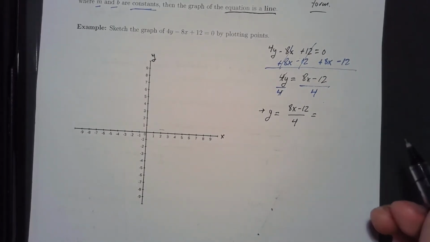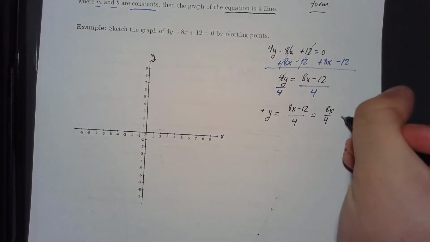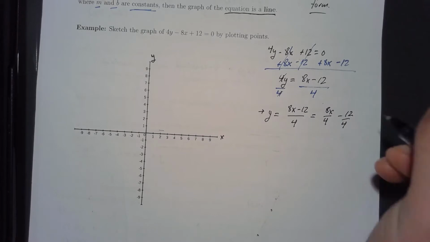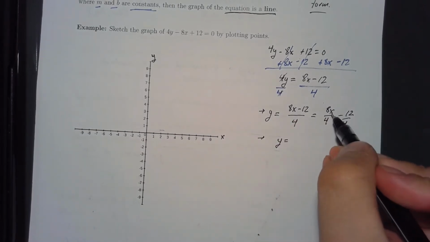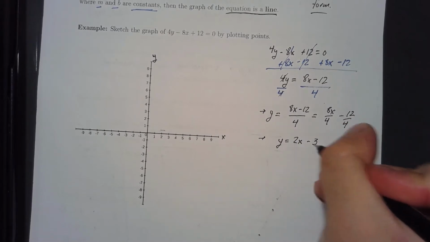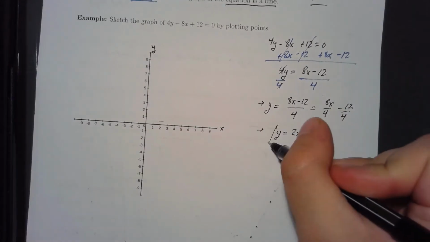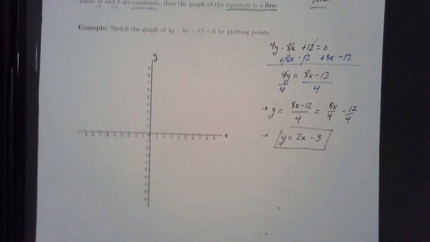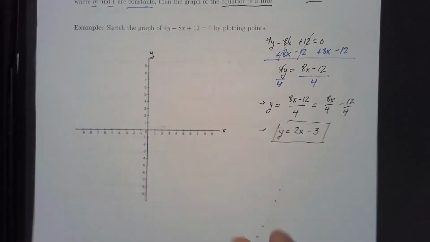I could write this as 8x over 4 minus 12 over 4, which reduces to 8 over 4 is 2, so I have 2x, minus 12 over 4 is 3. So that looks a lot better. Graphing with that looks a little bit better than graphing with that.